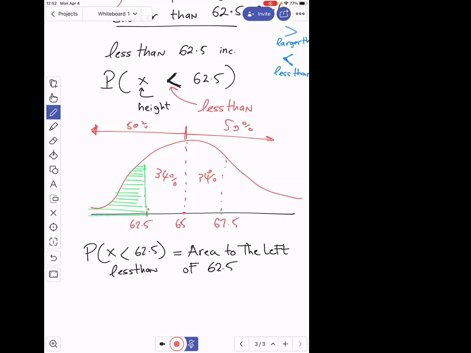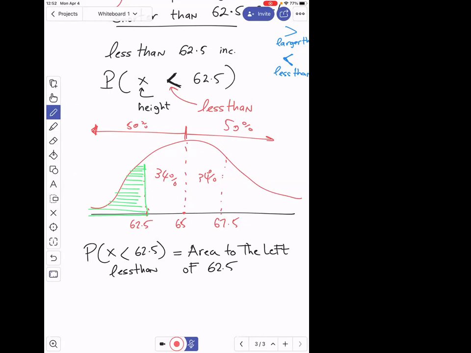Would it be 16%? Yes, it would be 16, right? How did you get the 16? I did the 50% minus the 34. Yeah, absolutely. That's correct.